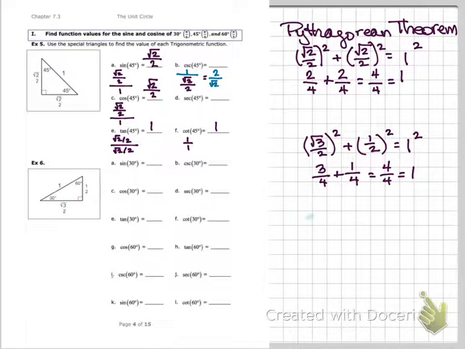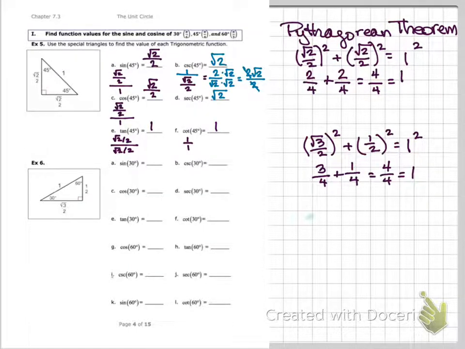Remember that we don't like having that radical in the denominator, so we're going to multiply numerator and denominator by square root of 2. We get 2 square roots of 2 over 2. Our 2's cancel, and our cosecant is square root of 2. Since cosine looks exactly like sine, the secant should look exactly like cosecant, so our secant is also square root of 2.